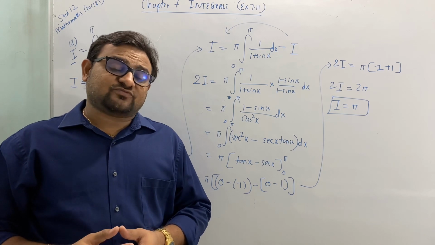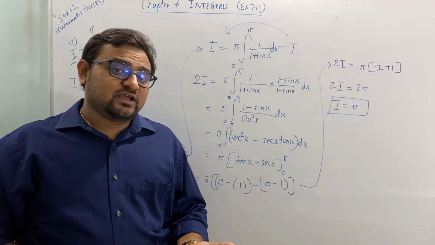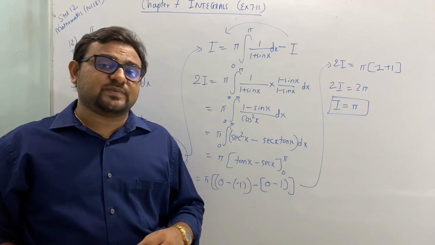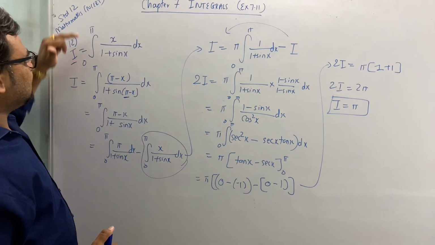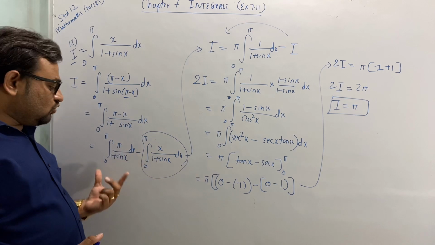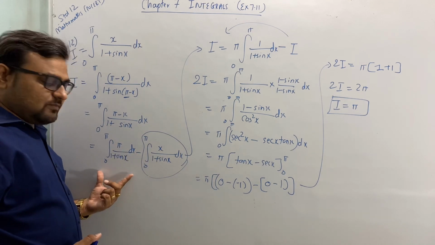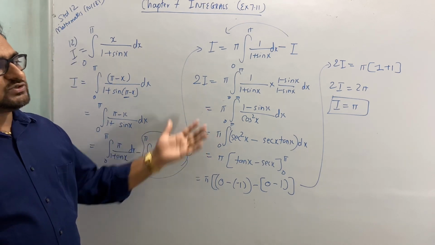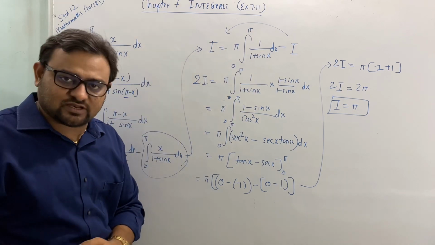Clear? Which property have I used? f of a plus b minus x. I separated it. This was our question I. So 2I, we need to solve this. Multiply and divide by the conjugate, and solving, we get this answer. Okay?